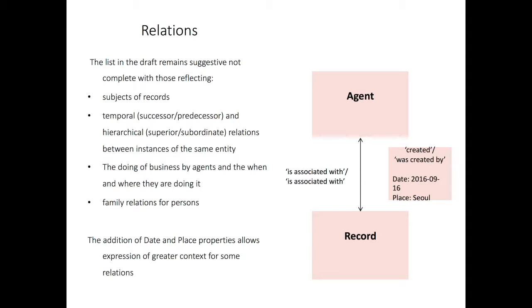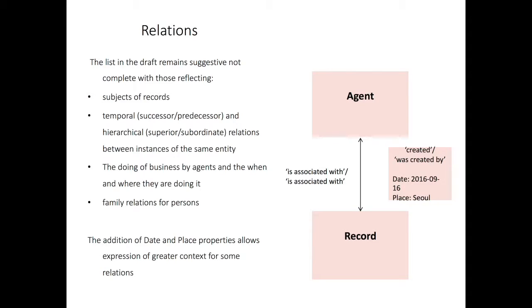As one would expect, there is certainly a focus on the relations reflecting the who, the when, and the where of the creation, transmission, management, and use of records, their parts, and aggregations. But there are some other types as well. As I mentioned, there is also a group of relations relating to the subjects of records.